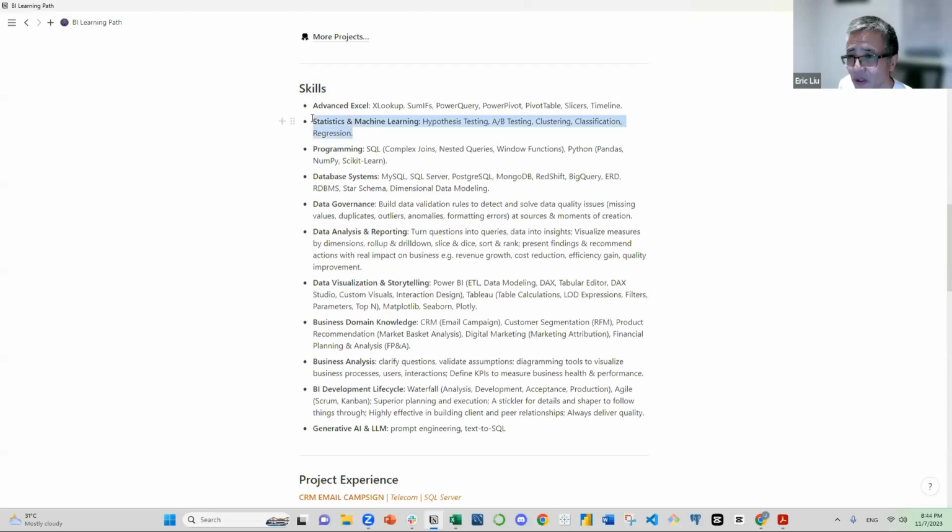You really want to highlight statistics and machine learning, okay? Otherwise, as a data analyst or BI analyst, you still need to have some exposure to statistics and machine learning. And if you have never learned machine learning, statistics.